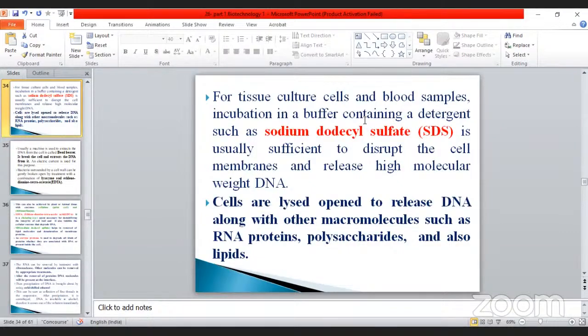It can easily rupture the cell wall, and the inner molecules, the cell-bound organelles, come out very easily. Not only the DNA molecule but also other high molecular weight components such as RNA, protein, polysaccharides, and lipids come out easily with the help of these components. So it is used to easily isolate the internal components. That is very, very important, my dear students.